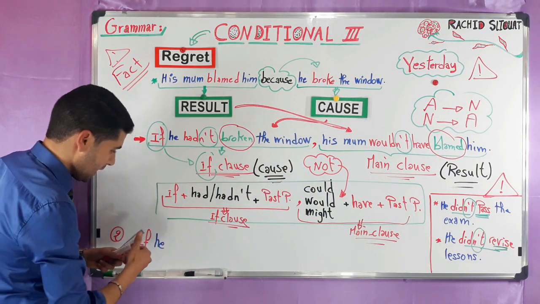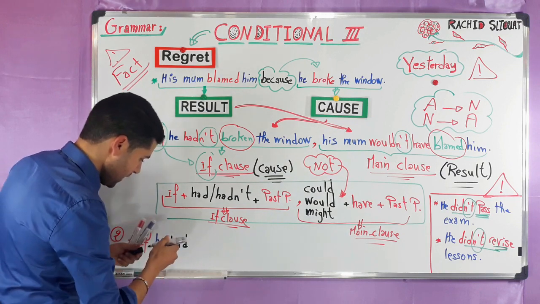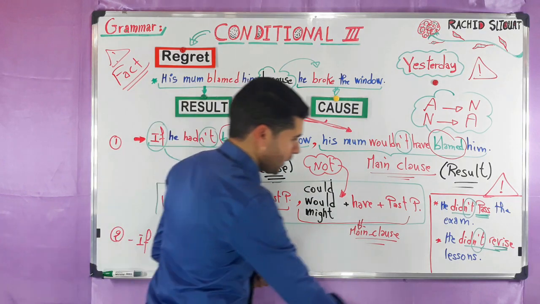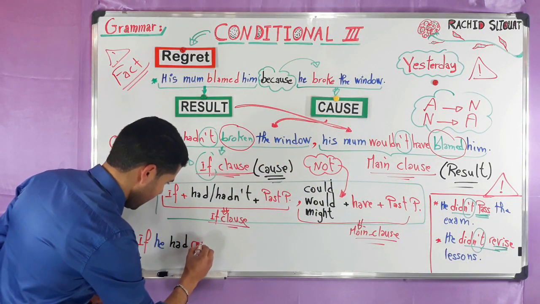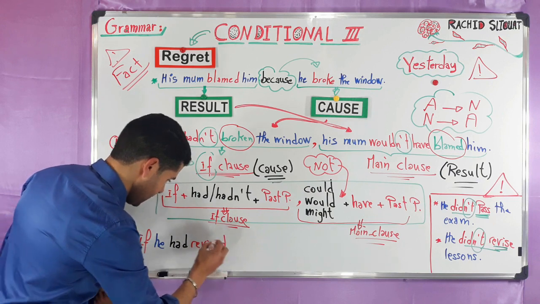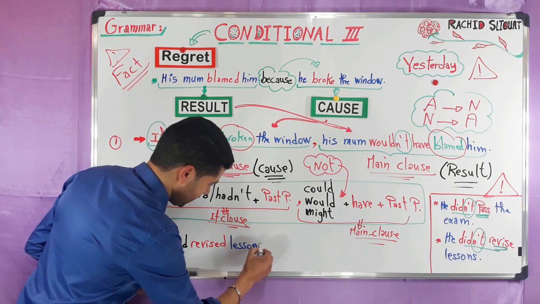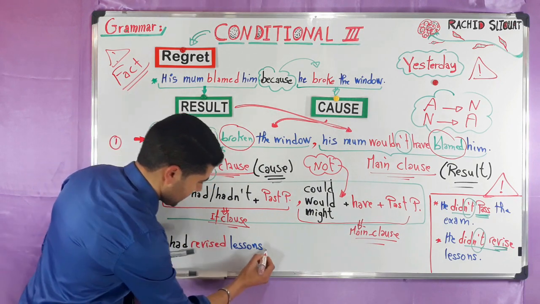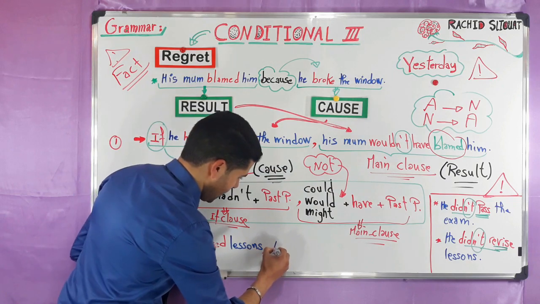So if he had, the past participle of revise is revised. If he had revised lessons, comma, he.